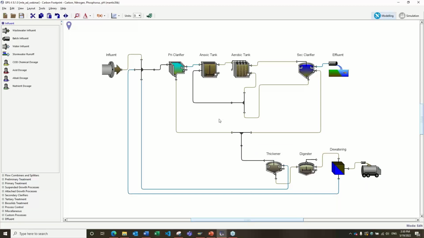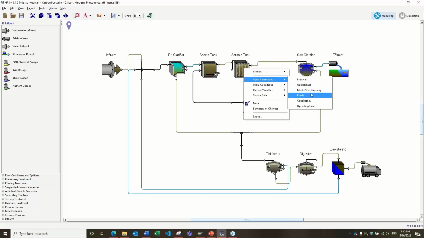In this particular case, there is not a huge amount of setting that we need to do to estimate the greenhouse gas emissions. But there are some additional settings that we may want to pay attention to. First of all, if I am in the aerobic tank, for example, I can look here.